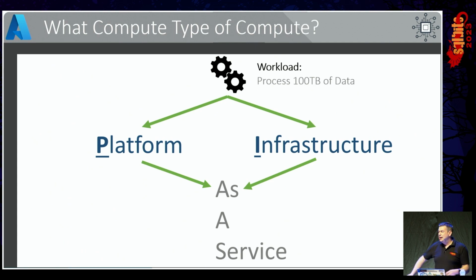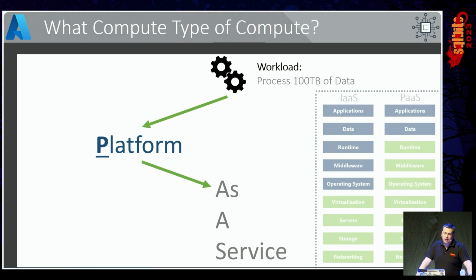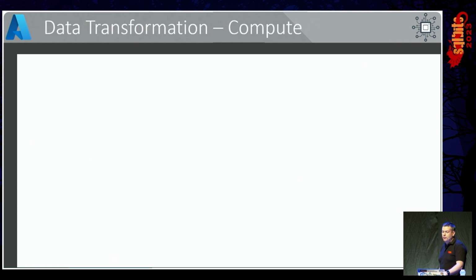Now, I don't like managing infrastructure anymore, so I'm obviously definitely going to go down the left-hand path here of using that platform as a service tech, and certainly everything in our extract pattern and process is going to be using those platform as a service technologies. So, let's just be clear about that. Fine. If we're going after those platform as a service resources in Azure, what should we use?